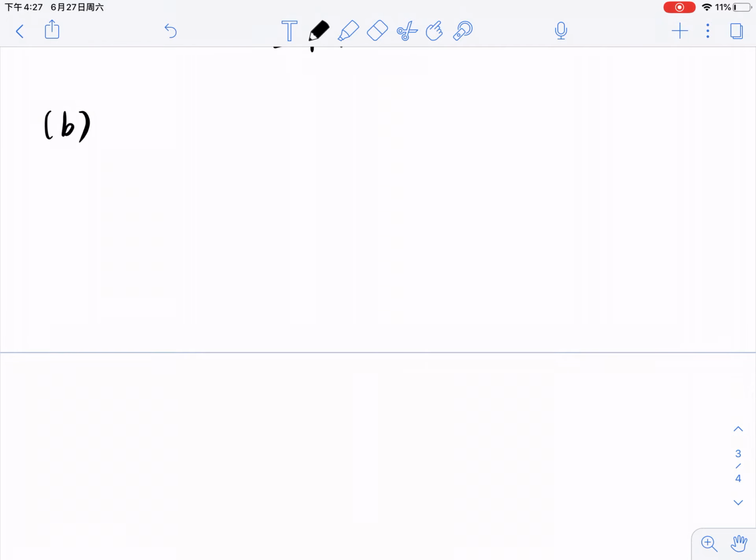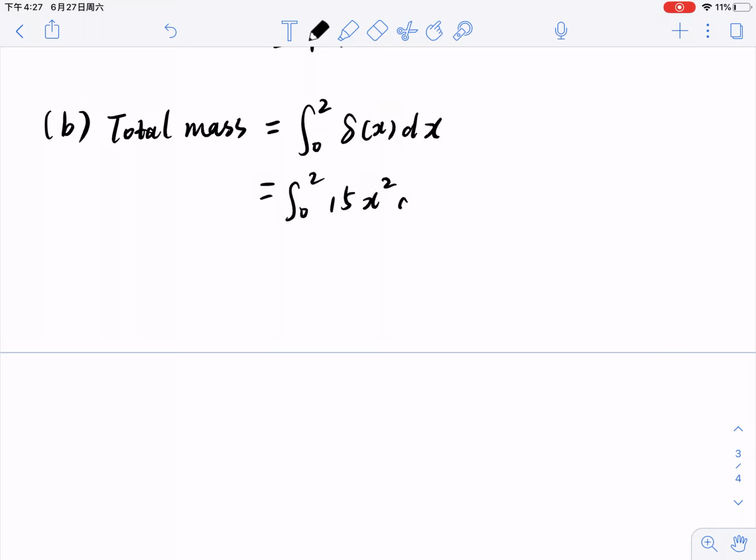So we have total mass equal to the integral from 0 to 2 of delta(x) dx. This is the integral from 0 to 2 of 15x squared dx, which is 5x cubed from 0 to 2. So it's 5 times 2 cubed, which is 40 kg.